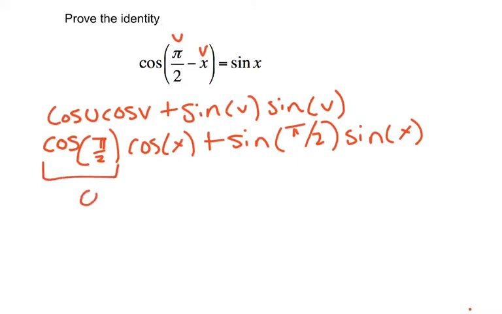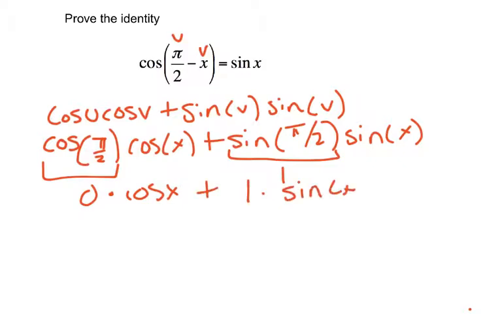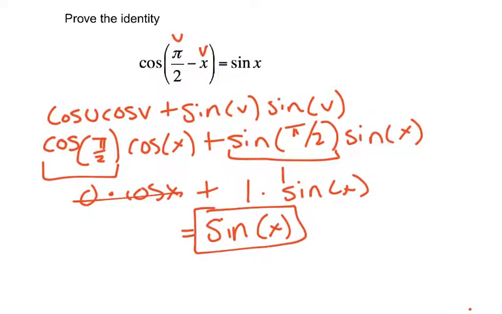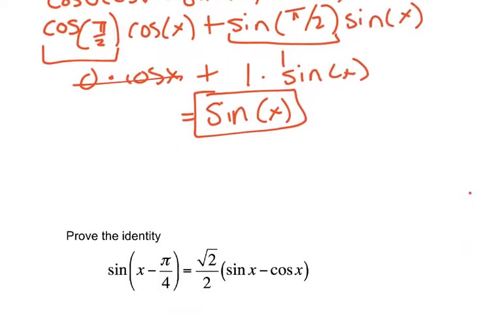So this becomes 0. Sine of pi over 2, we just looked at it, is actually 1. And so that means 0 times cosine of x plus 1 times sine of x is going to eliminate our cosines and be left with sine. Hopefully you can follow that proof there.